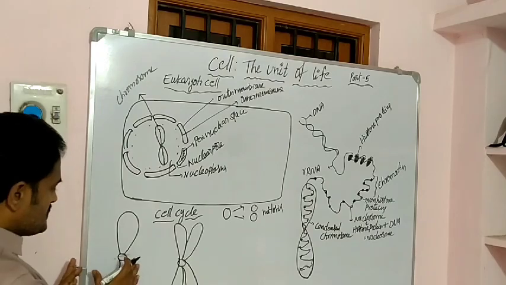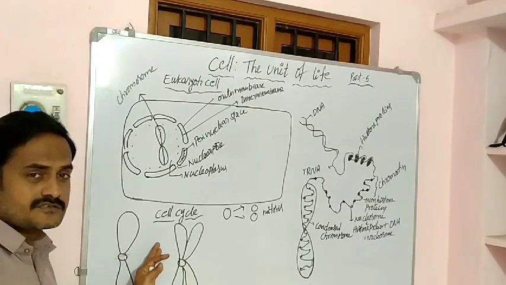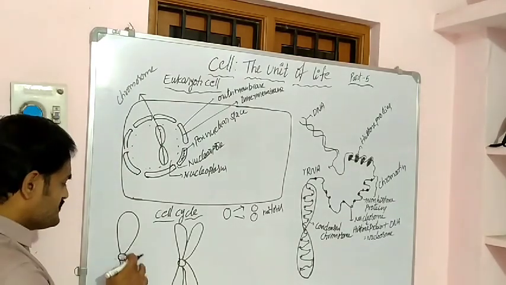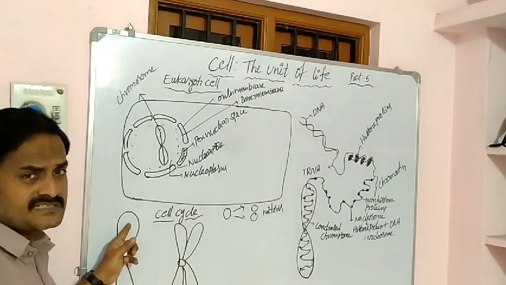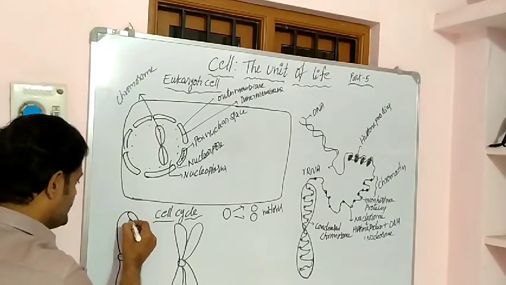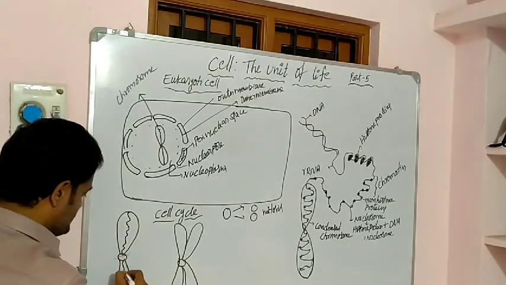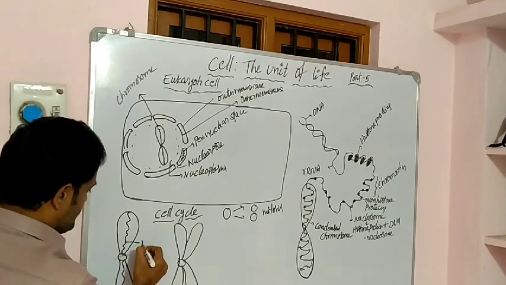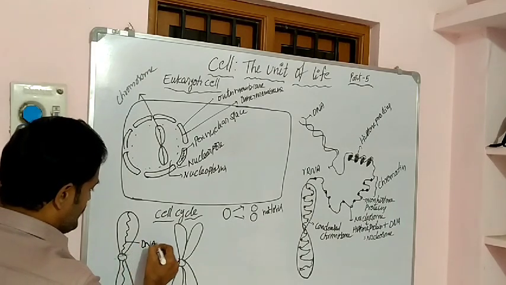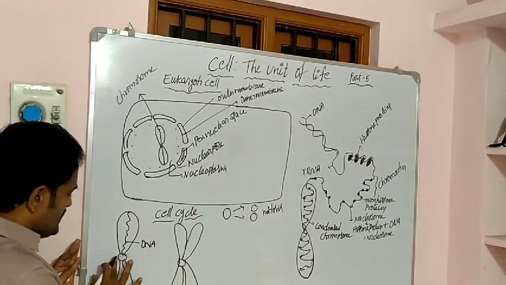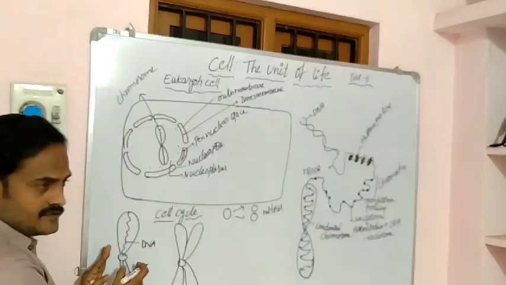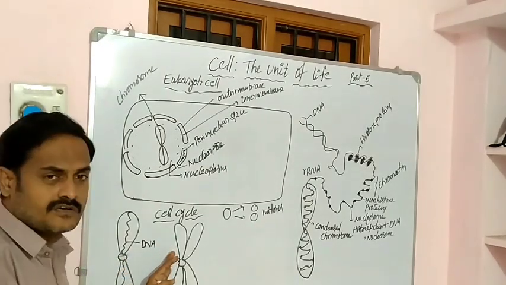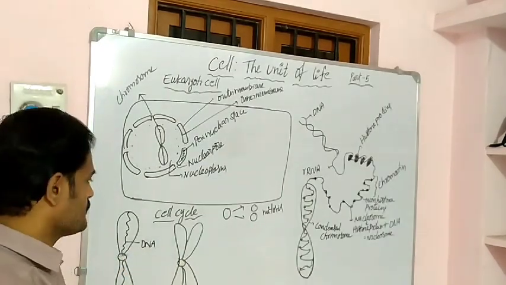See, this also is a chromosome and this also is a chromosome. The actual shape of the chromosome is like this. Inside, DNA is present. This is called DNA. So this is a single chromosome and this is also a single chromosome.